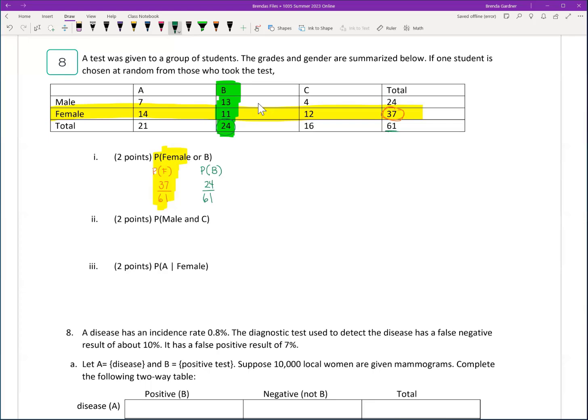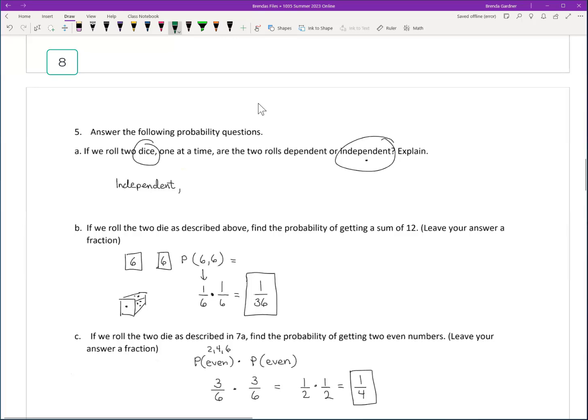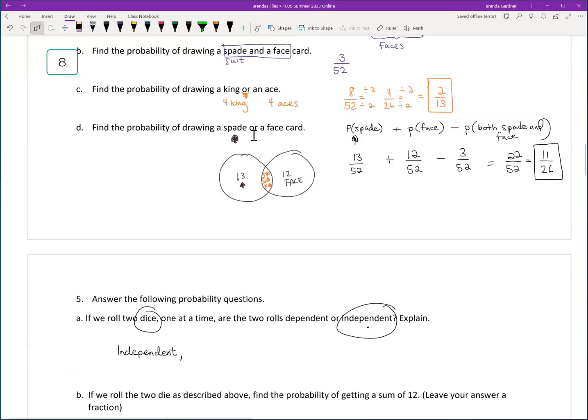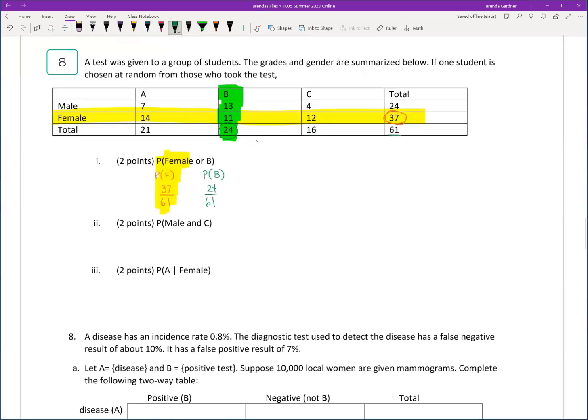This is similar to our question on the face cards, where there's an overlap. If there's an overlap, we have to subtract out the overlap. So we're going to add those two together, but subtract out the probability that they're female and have a B. If we look at our female row and our B column, we see the overlap is 11.